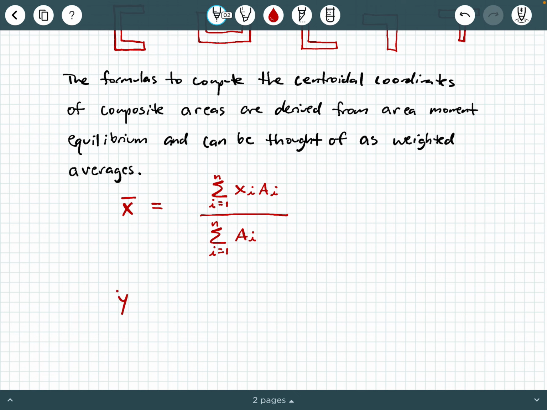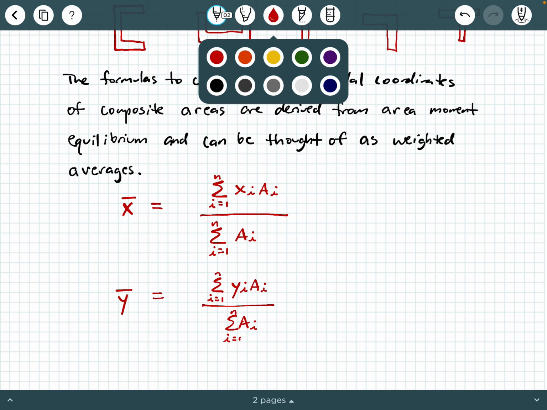And similarly, the y-coordinate of the centroid of a composite shape is the summation of y sub i, a sub i, as i goes from 1 to n, divided by the summation of a sub i as i goes from 1 to n. Now, at first glance, each of these formulas looks a little complicated, but it's really not.